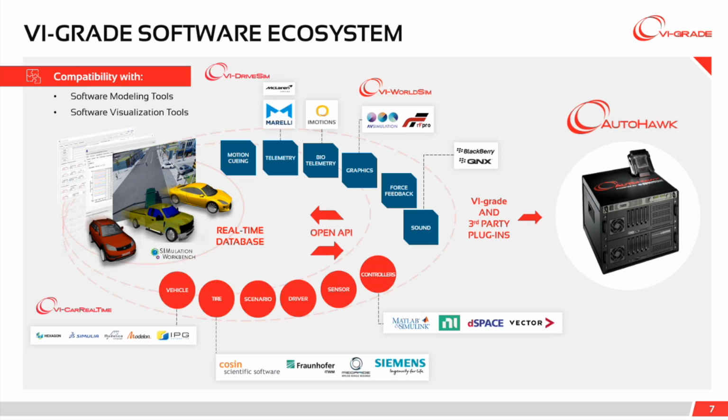Thanks to the VI-grade software ecosystem, we are able to guarantee any possible linkage to third-party software, as well as utilize the VI-grade toolchain for vehicle dynamics, visuals, scenarios, building other scenarios, attaching controllers like ECUs and external devices, and managing tire models, including complex tire models for tire design. I would like now to hand over to Tom, who will go deeper into the steering solution.